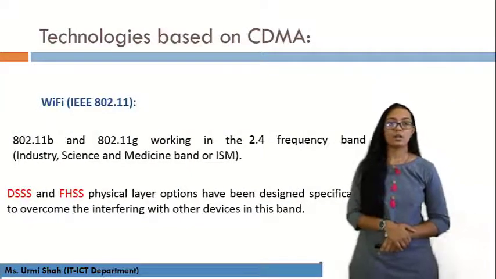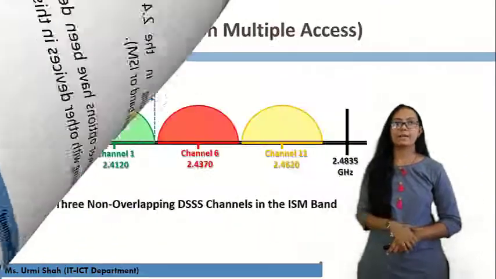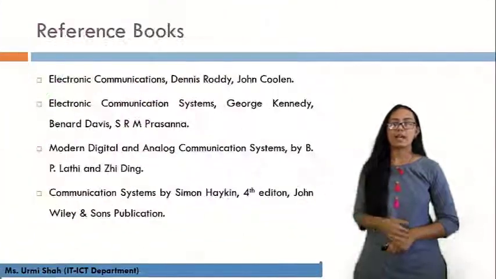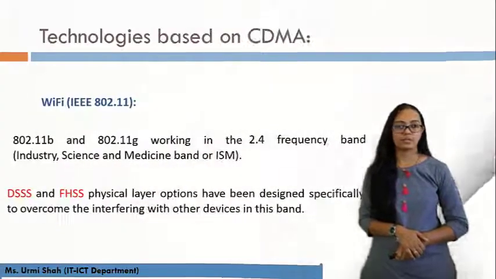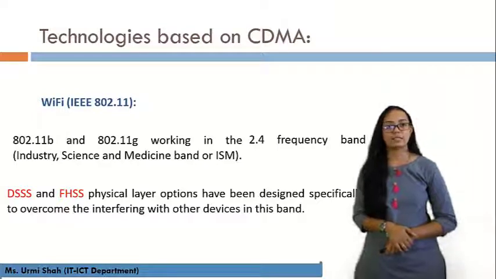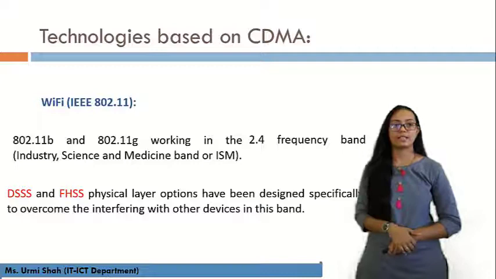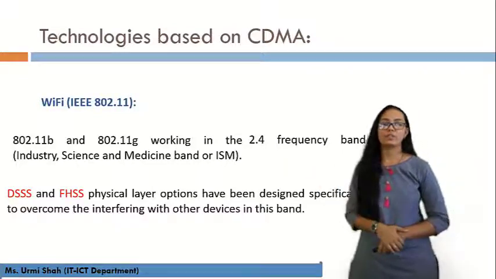Now, the technologies which are based on CDMA include Wi-Fi. So let's understand which technology they are preferring in Wi-Fi communication. Basically in Wi-Fi IEEE 802.11, two standards are involved, that is 802.11b and 802.11g.